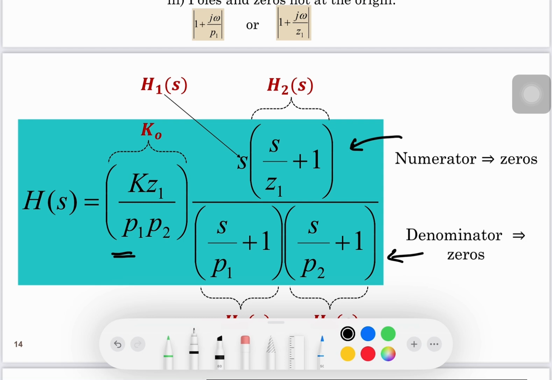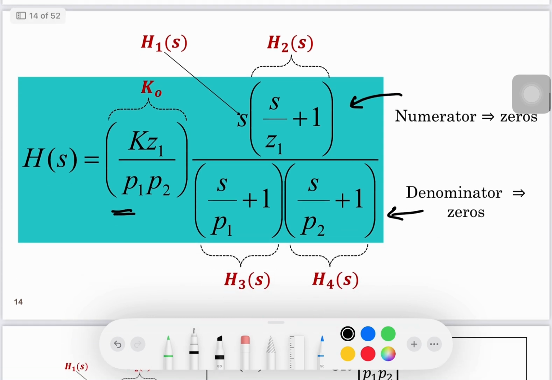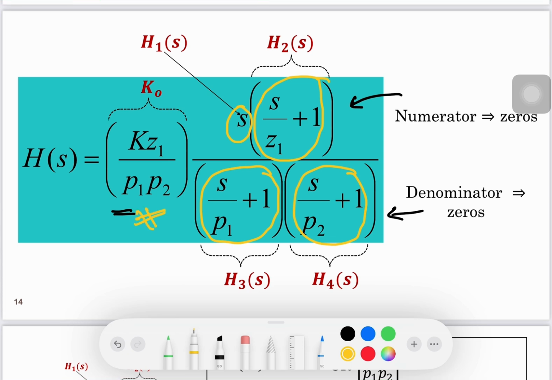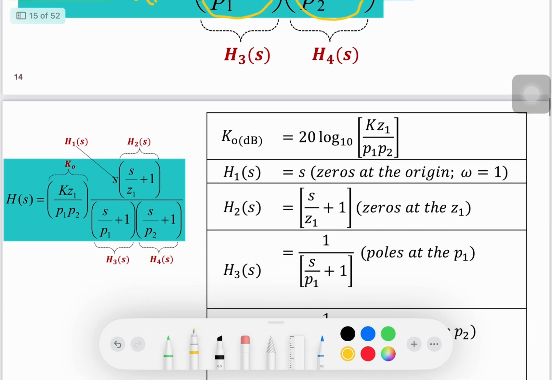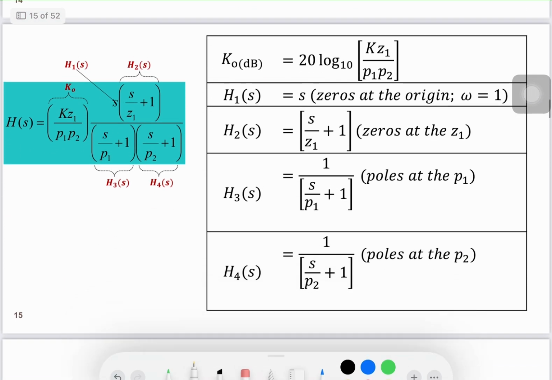So what we can conclude here is that every single term equals one transfer function, so in total you have 4 transfer functions. What about this one? You need to draw it, but you will consider this the K naught. So let's take a look at the K naught.